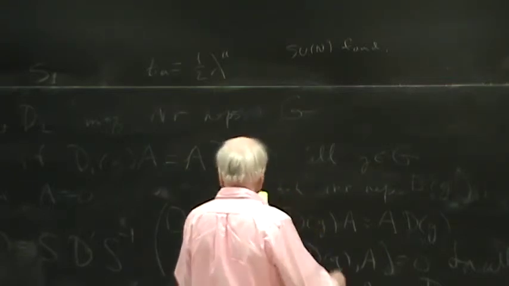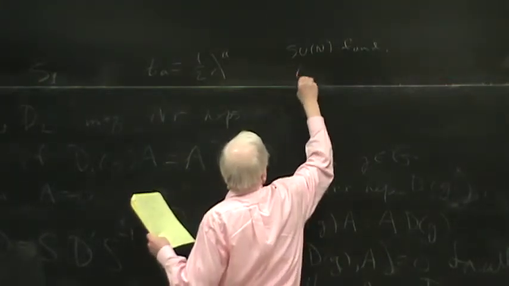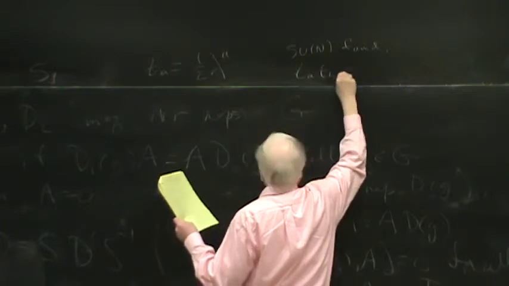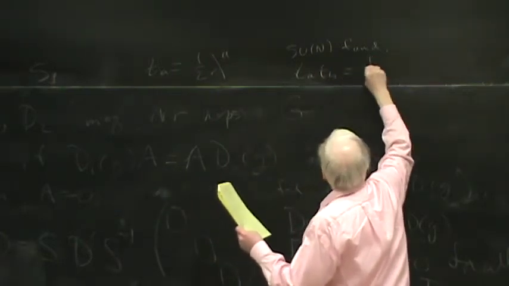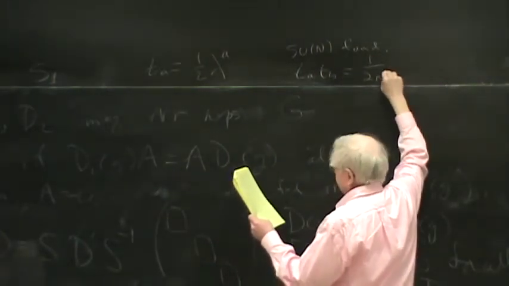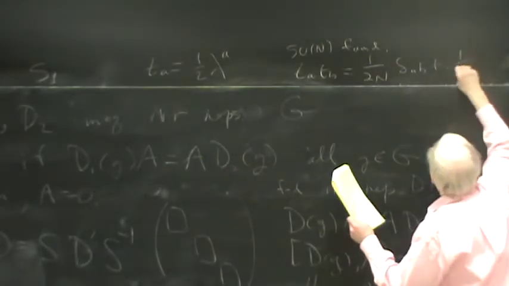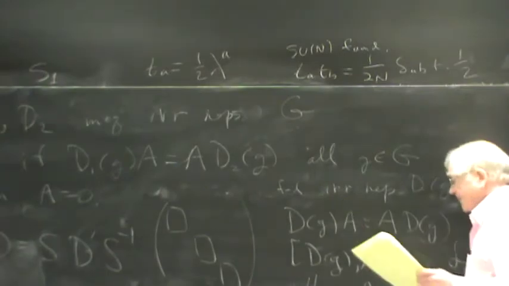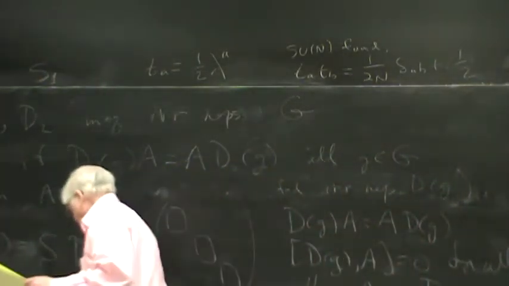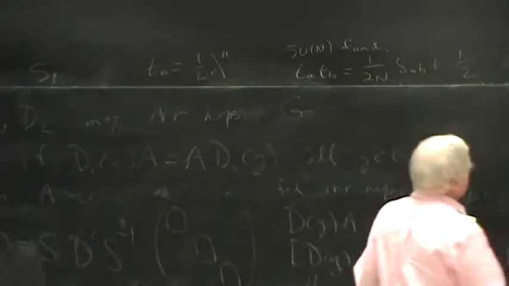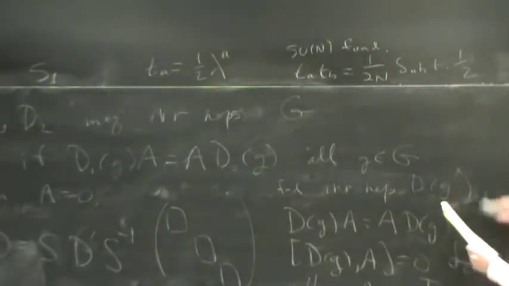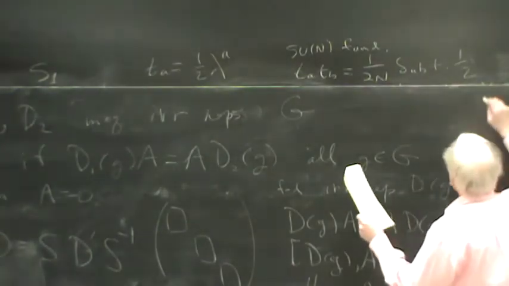That's what Georgi uses. Well, in that case, what we have is T^A T^B equals 1 over 2N delta^AB plus 1/2 d^ABC T^C plus 1/2 i f^ABC T^C. This is a pretty remarkable relation. I don't really know how to derive it.